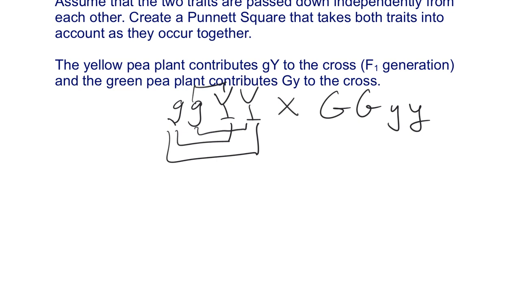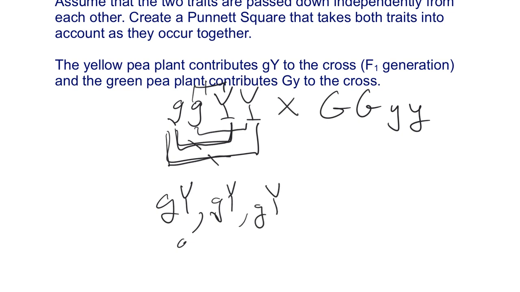First, I get little g, big Y. Outer, I get little g, big Y. Inner, I get little g, big Y. Last, I get little g, big Y. So I could have just saved time and said all those are going to form little g, big Y gametes.